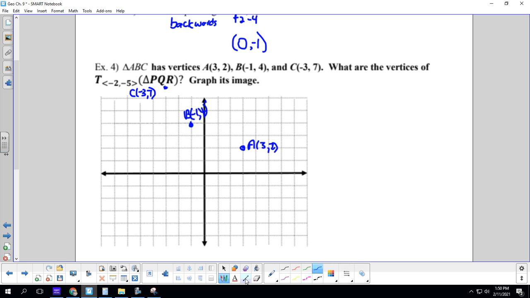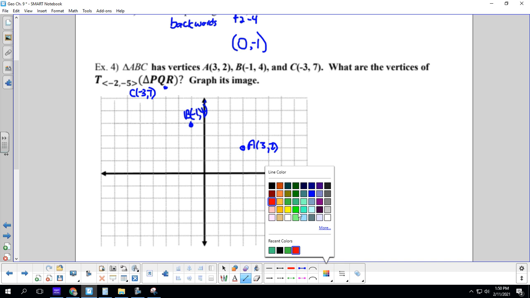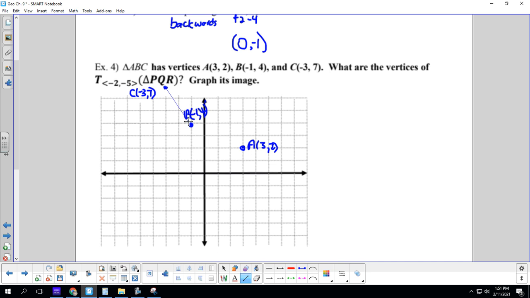Okay, I am going to make a straight line out of this because heaven forbid I draw. Me trying to draw these lines would be disastrous. So we have this little triangle, ABC. Oh, he's a skinny guy. So really obtuse here. What are the vertices of the translation of (-2, -5) of triangle PQR? Graph its image.